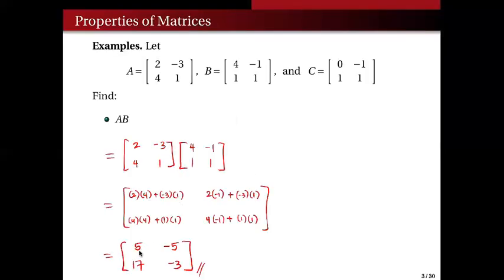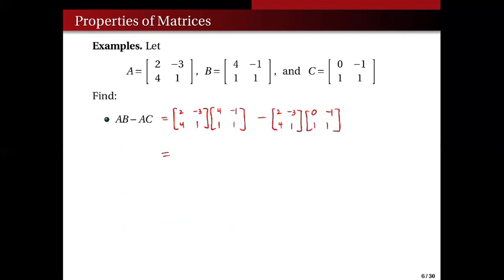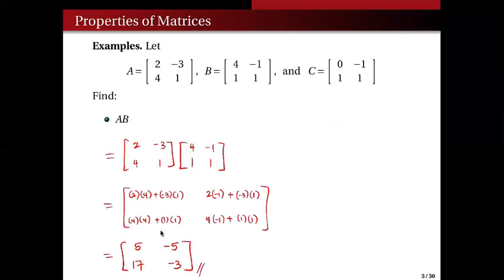This was our AB: 5, negative 5, 17, negative 3. Let's re-verify that. Okay. So 5, negative 5, 17, negative 3.